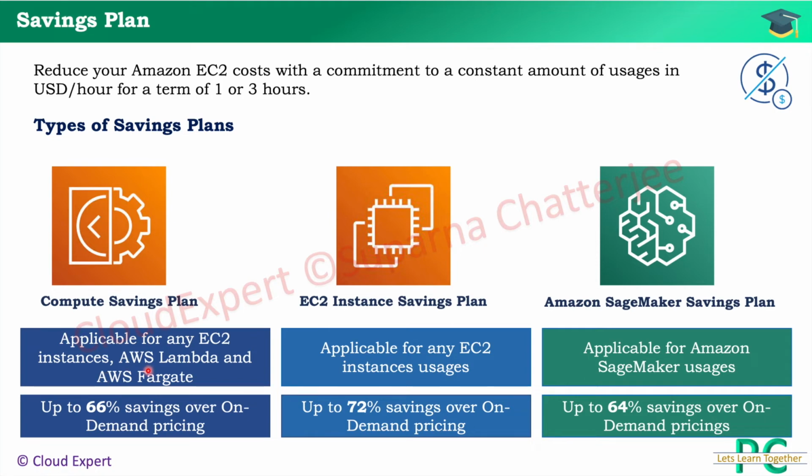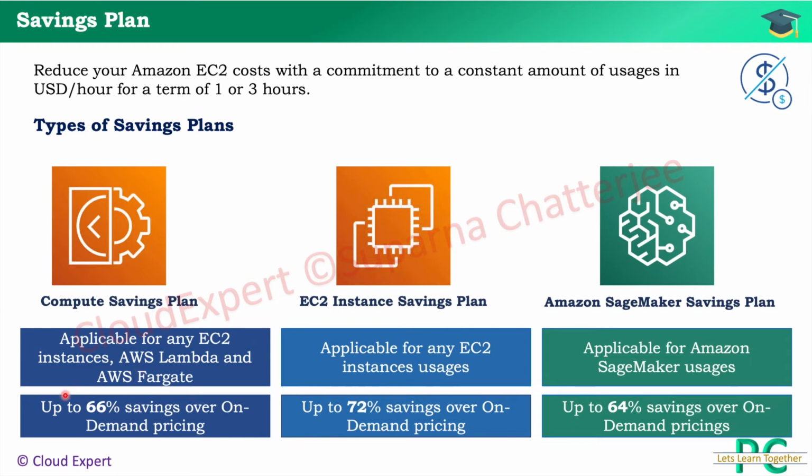If you select Compute Savings Plan, it will be applicable for any EC2 instances, even your AWS Lambda, ECS or AWS Fargate usage. But the Instance Savings Plan is only applicable to EC2 instance usage. On the other hand, the SageMaker Savings Plan will only be applicable for your SageMaker usage.